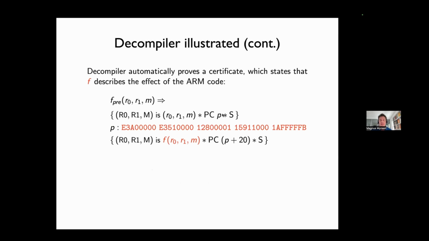So it says, if the program counter p points at the start of the code, and the registers are represented like this, then f describes the output state of R0, R1, and M. And the program counter now points at the byte address immediately after these instructions.